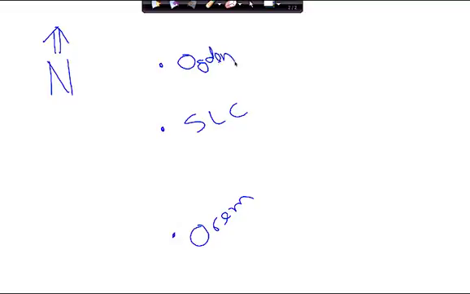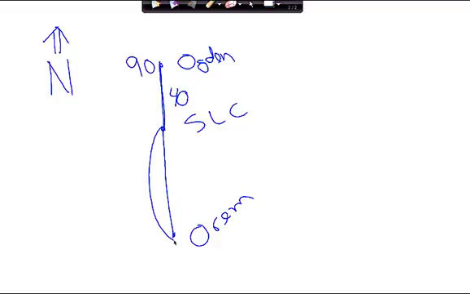And I-15 obviously connects them. So say that I start in Orem, and I set my odometer, and I drive 90 miles to Ogden, and I drop off what I need to drop off, and then I drive back to Salt Lake, and I drive another 40 miles. How far is it from Orem to Salt Lake?